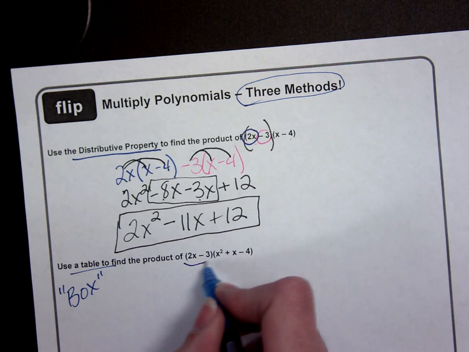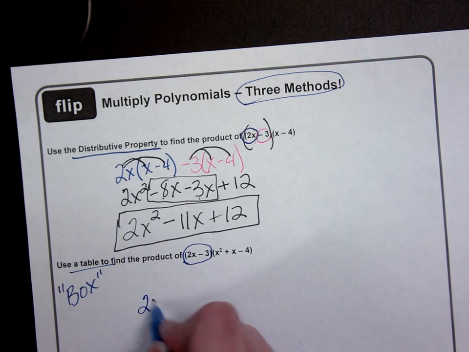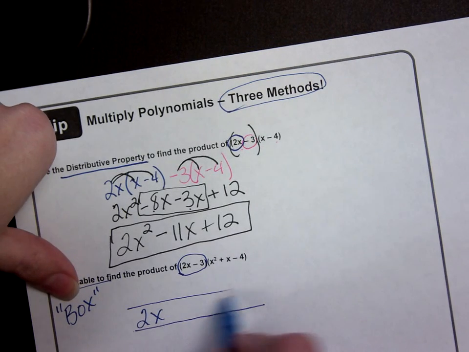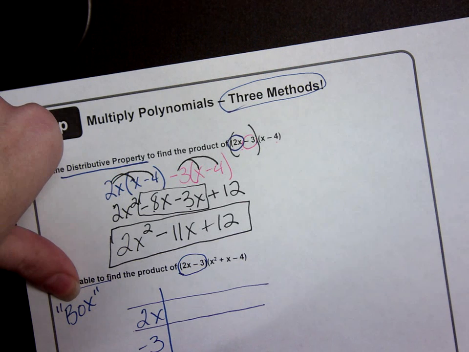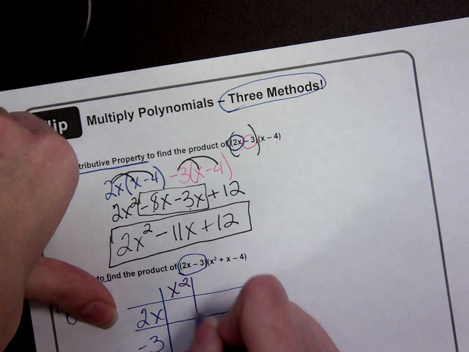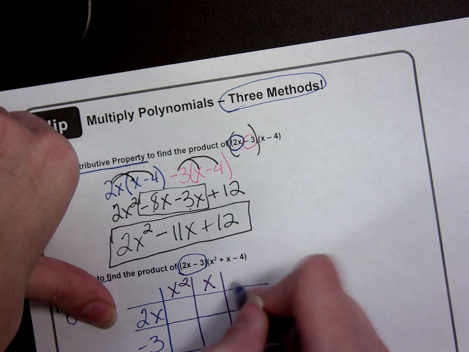We're going to start with the 2x and the negative 3. We're going to write 2x and negative 3 across a row and close that off. And then along the other side we're going to do x squared, x, and negative 4.